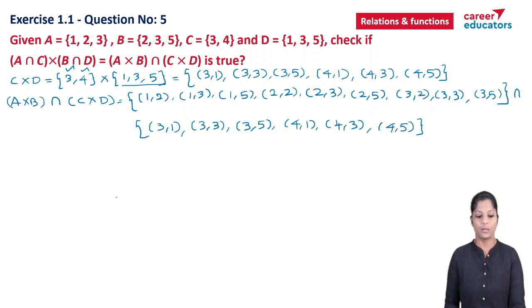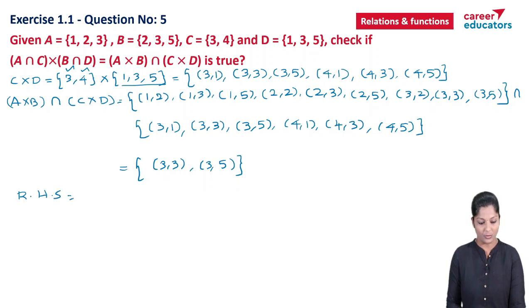Next, we have to find A cross B intersection C cross D. To find it, we have to write the common elements in both A cross B and C cross D. If we compare, we will get (3,3), (3,5). Now we got RHS.